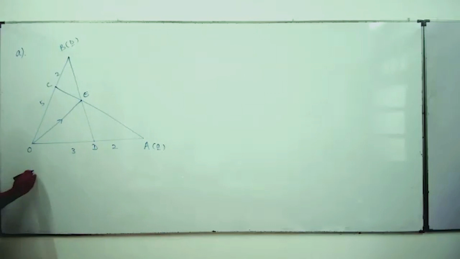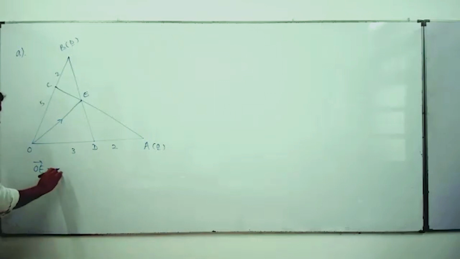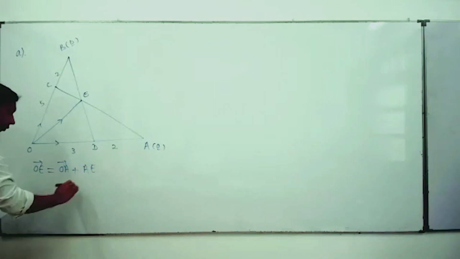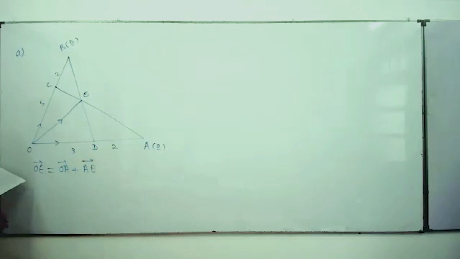OE vector, we can write as OA vector plus AE vector, right?